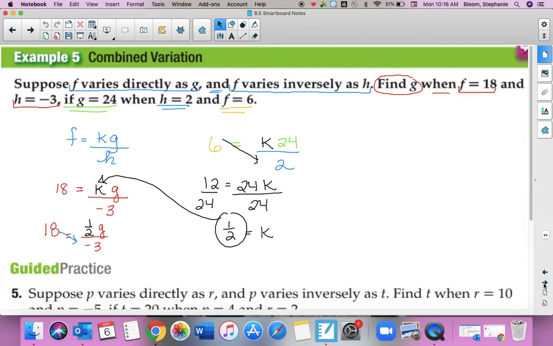So 18 times -3 is -54 is equal to 1/2 g. And then to get rid of that half, I'm going to multiply both sides by 2. So g would equal -108. And there's my answer.